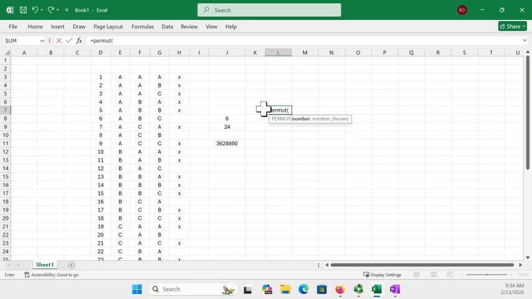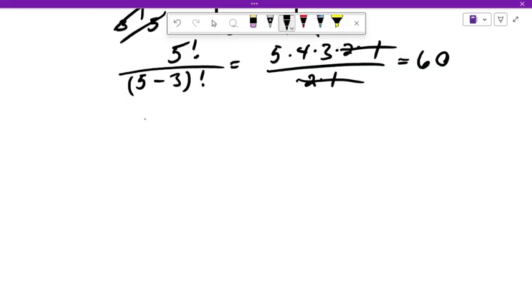And I have to give it the number of possibilities and the number chosen. 5 things taken 3 at a time. 5, 3. Enter, and I get 60 ways that can happen. That's permutations. Order matters, no repeats. And this is combinations.